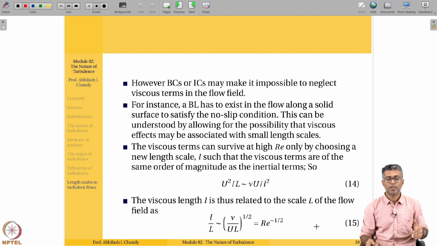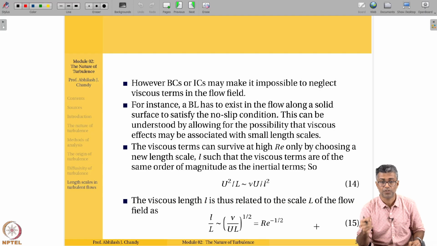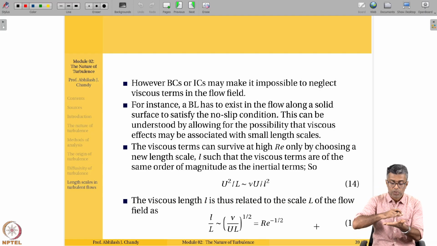For example, the boundary layer has to exist in a flow over a flat plate, isn't it? It has to exist in a flow over a flat plate. If you don't have viscosity, then you don't have a boundary layer. The velocity is zero on the plate because of viscosity, because of friction.